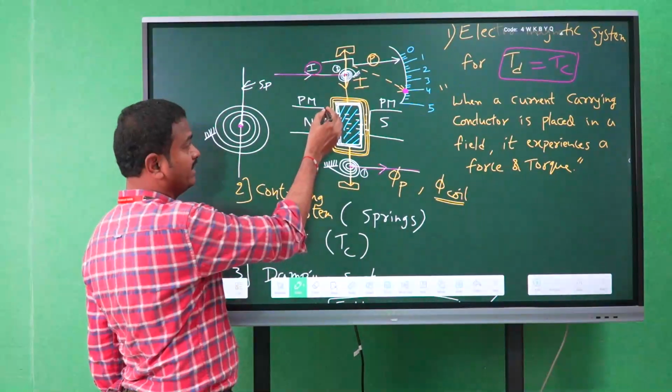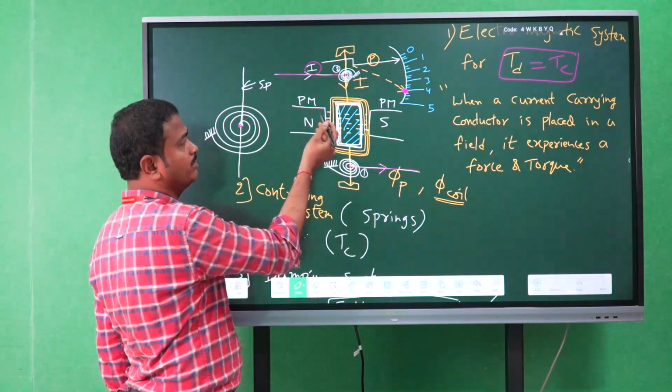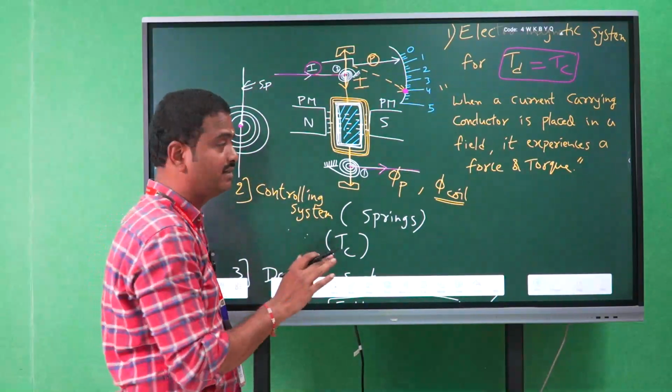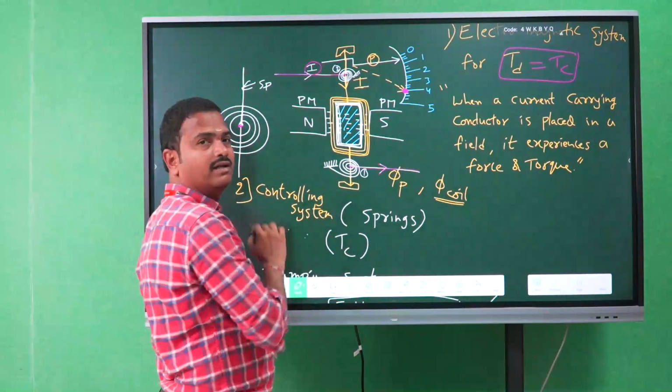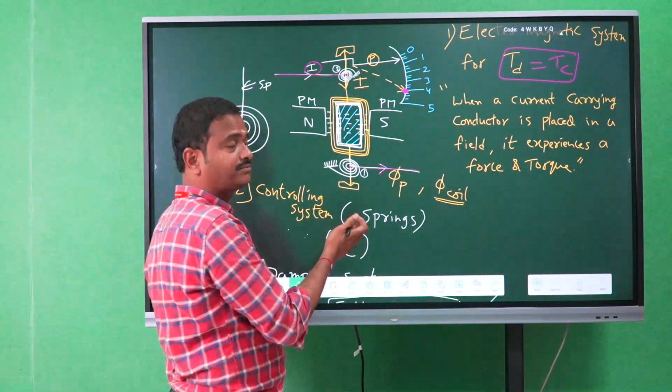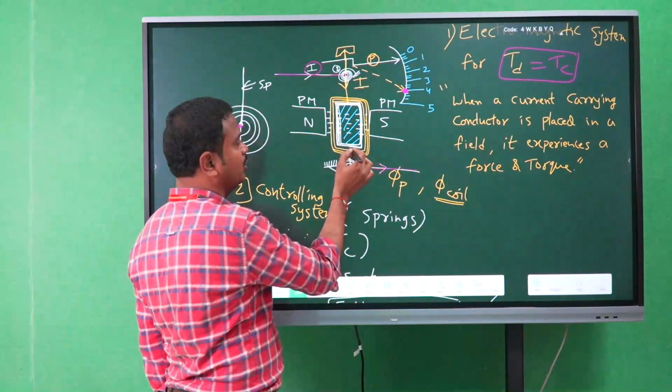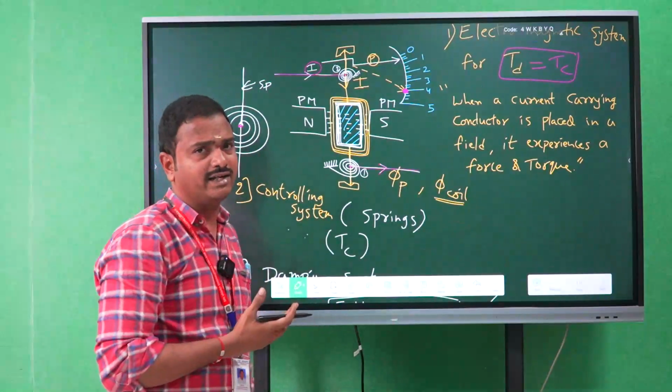So the magnetic flux lines produced by the permanent magnets not only cut the moving coil conductor, but also cut or link with the aluminum former. Aluminum is a conducting material.